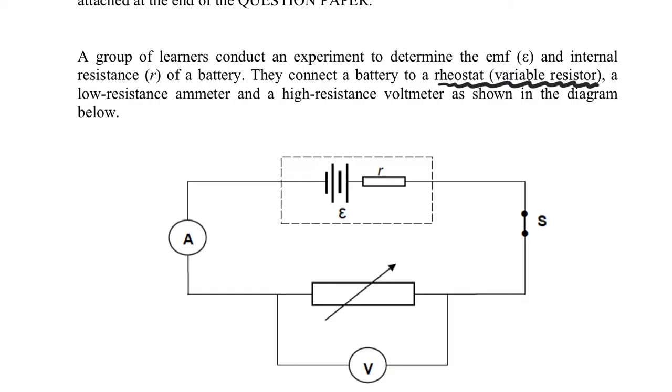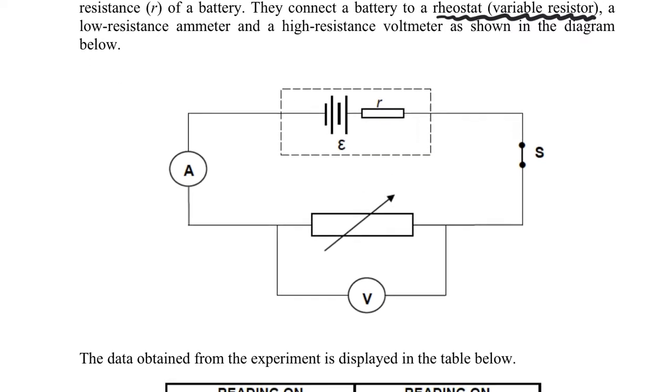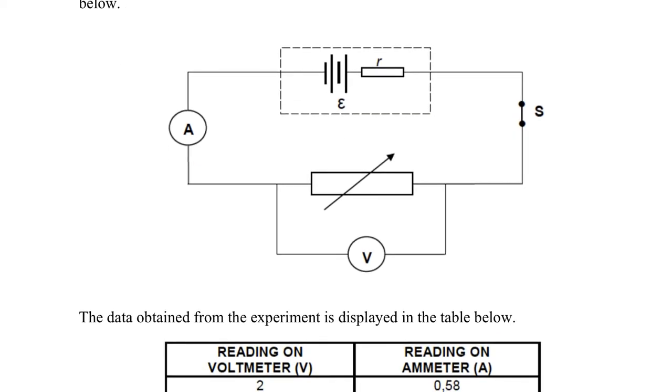A low resistance ammeter and a high resistance voltmeter, as shown in the diagram below. So when we have a setup like this, where you have the battery that has an EMF, this one is made up of two cells, and the internal resistance of each of these cells adds up because the cells are in series, then we represent that internal resistance by this little resistor with a small r.